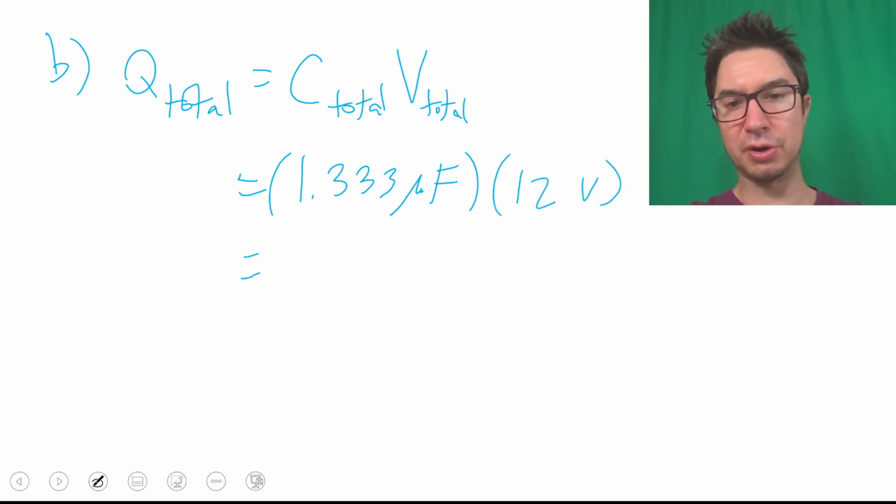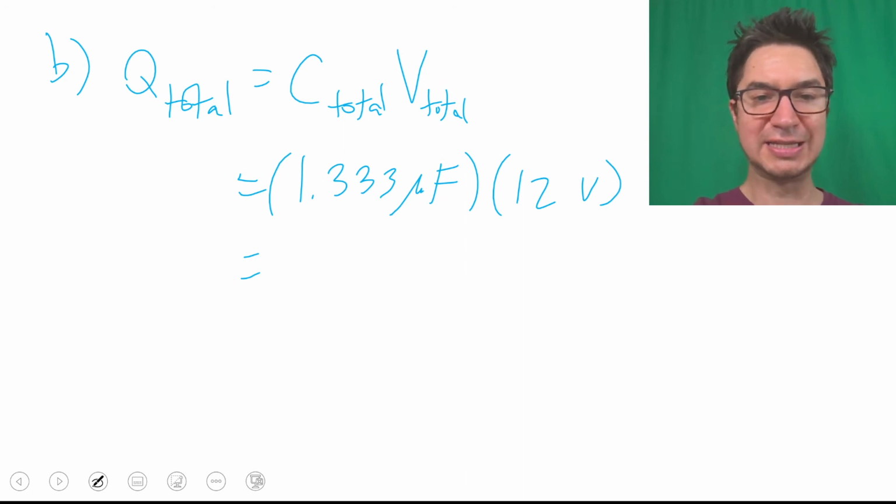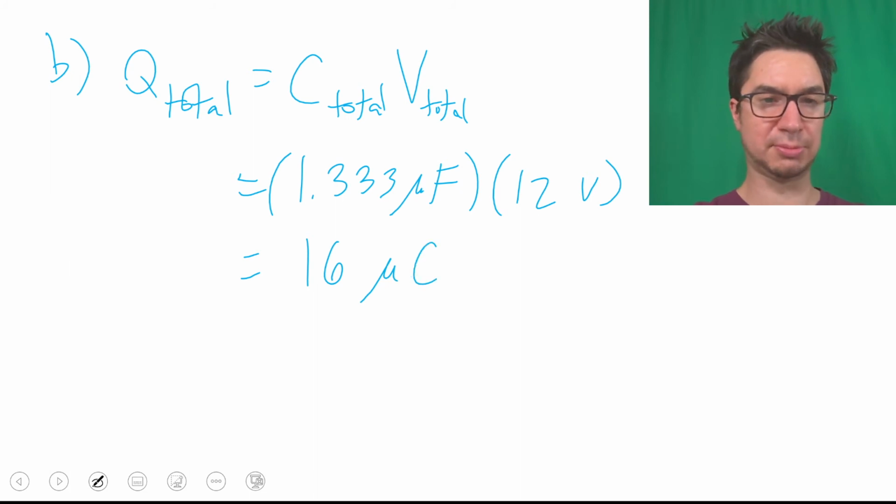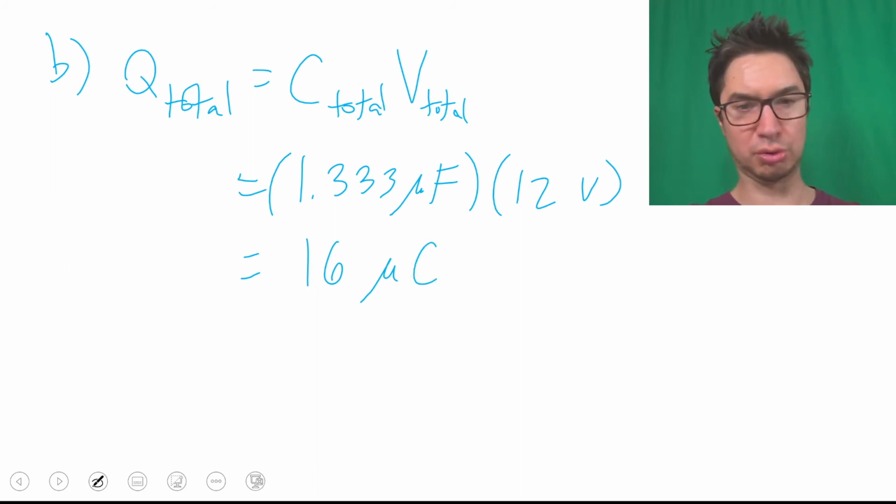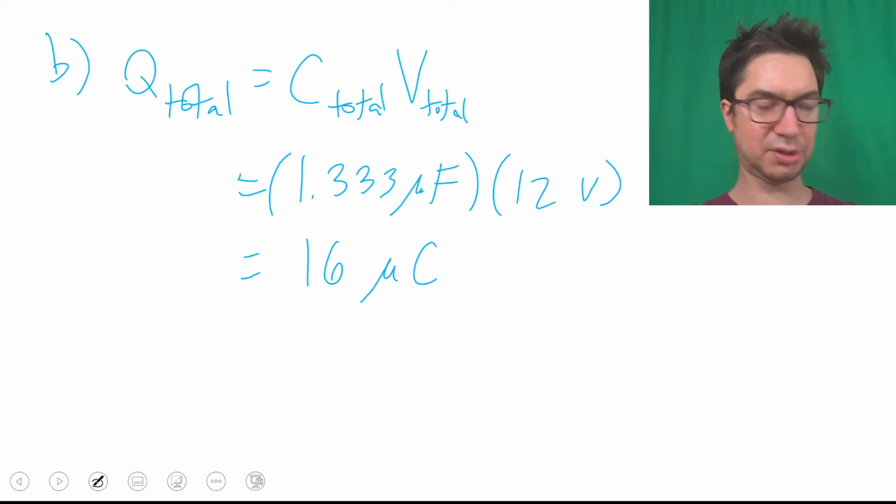So we have 4/3 times 12, which is going to give us 16 microcoulombs of total charge. All right, so that takes care of part B for us.